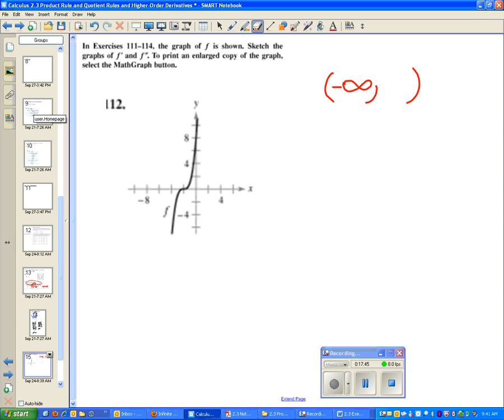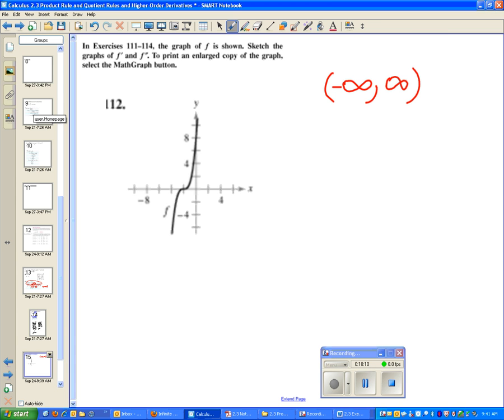Let's think of it this way. For all real numbers, what's the graph of f doing? Increasing, decreasing, can't tell, what? It's increasing, isn't it? If a function is increasing, its derivative will be what? Positive or negative? Be positive. So the graph of f prime will always be positive.